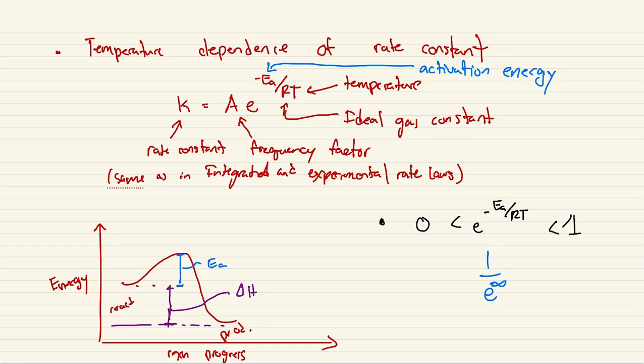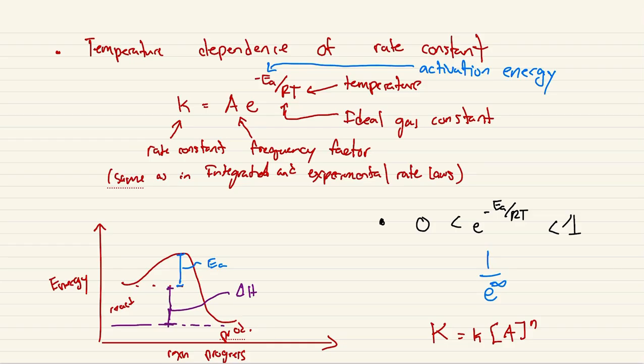If the rate constant is 0, what's the rate of the reaction then? All right, let's think about our experimental rate law. Right, if the rate constant is 0 here, what's the rate of the reaction going to be equal to?